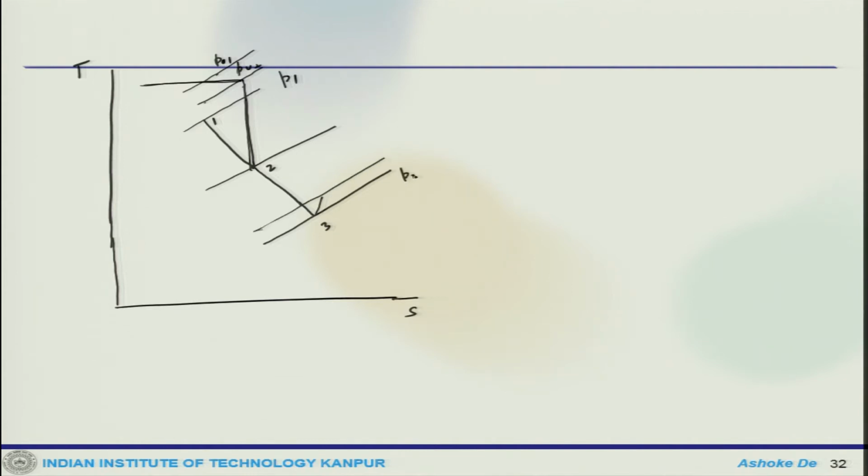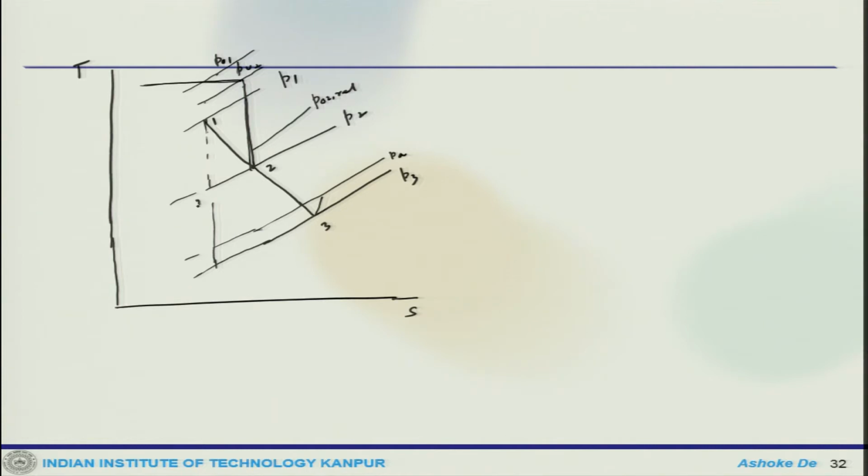So, this is P3, so this could be P4, this is P2, and then this is P02 relative. So, from 1 if I come down, these are extended.